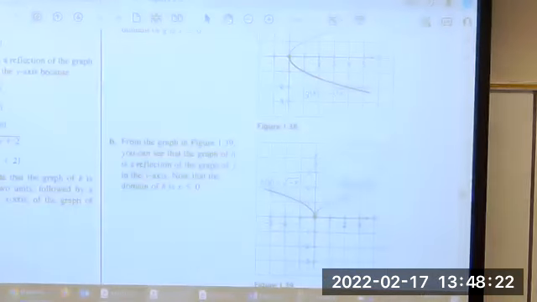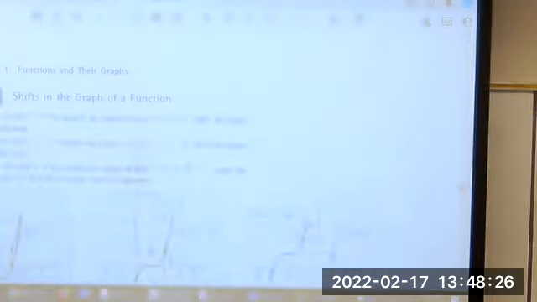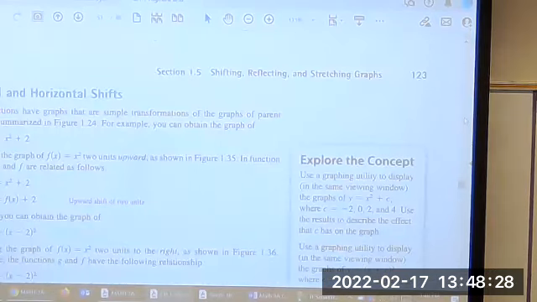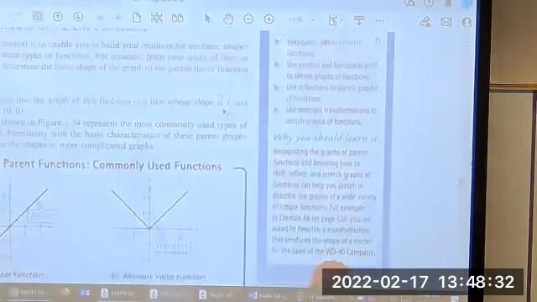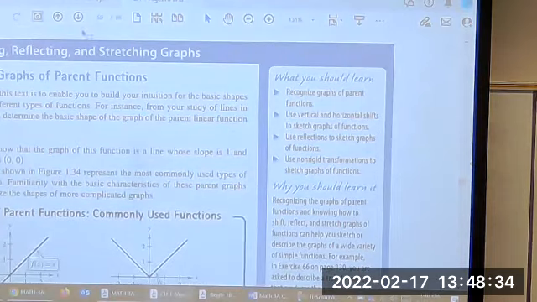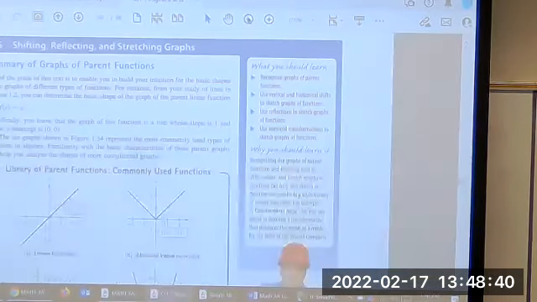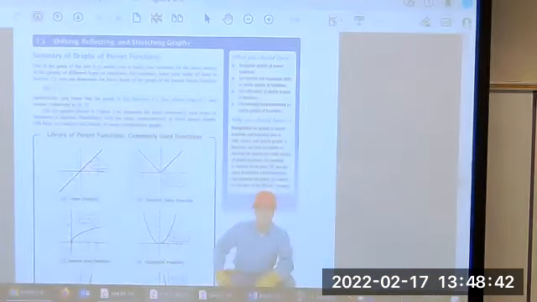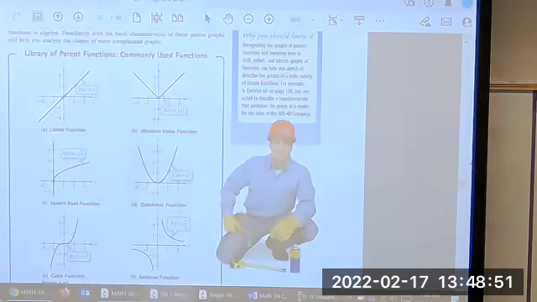Okay. Graphs and their transformations. When you look at section 1.5, open up the book, right on the very first page are your parent functions.